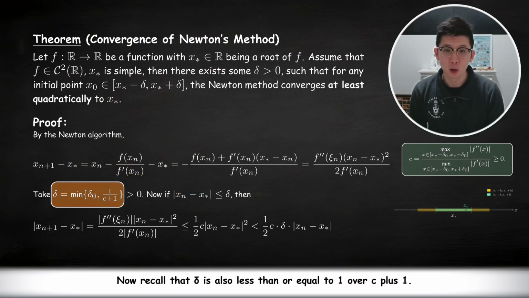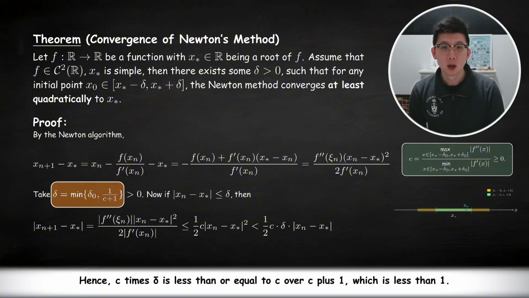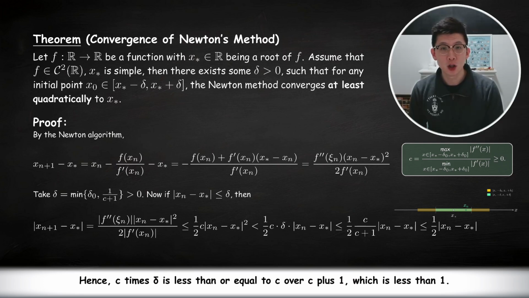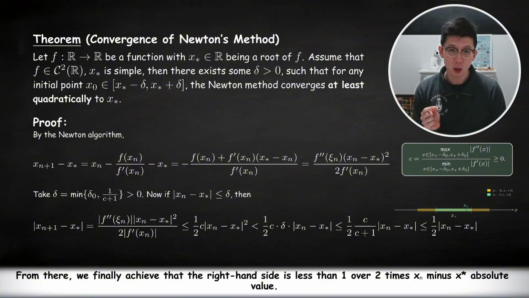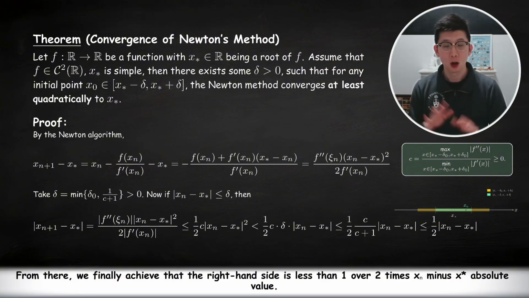Now recall that delta is also less than or equal to 1 over c plus 1. Hence, c times delta is less than or equal to c over c plus 1, which is less than 1. From there, we finally achieve that the right-hand side is less than 1 over 2 times the absolute value of x_n minus x star. What does this mean?